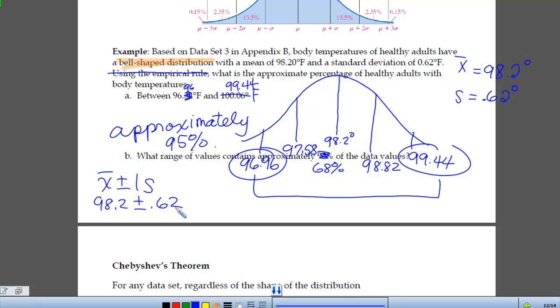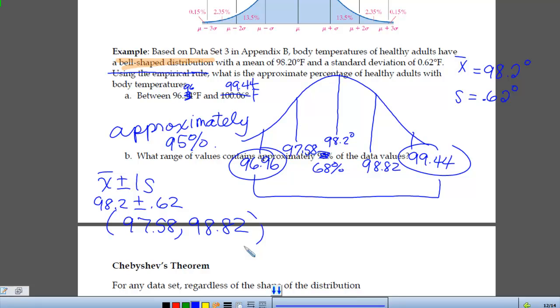Okay, 98.2 minus 0.62 is 97.58. And if we add 0.62, we get what? 98.82. We already had that on the chart. So within this range, we would expect to have about 68% of our data.